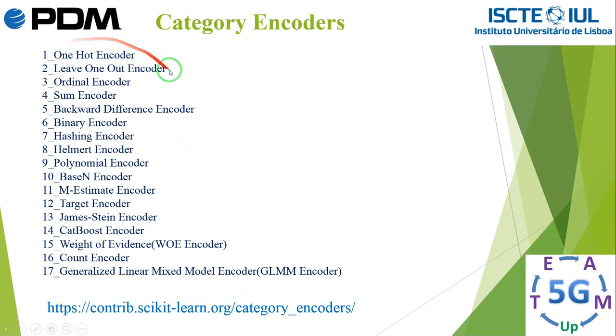Some of these category encoders are unsupervised and some are supervised. What does that mean? For using some of these category encoders, you need to have access to the target, the labels, the output of each sample, whether it is normal data or attack data or any kind of attack.